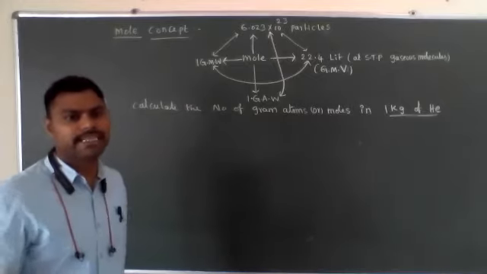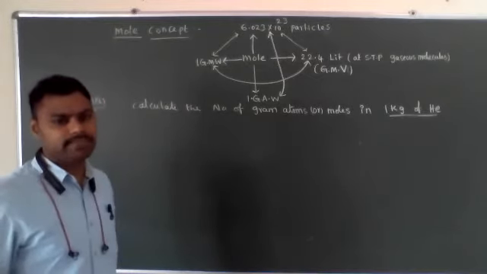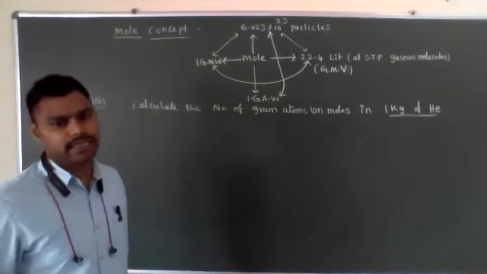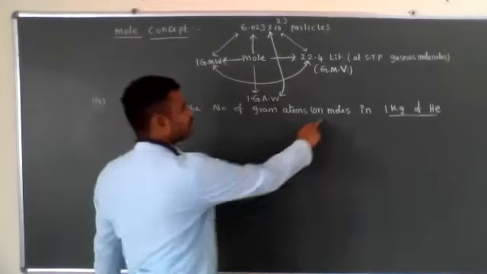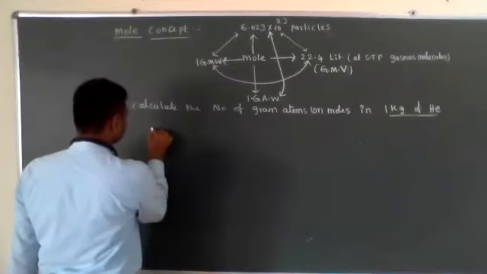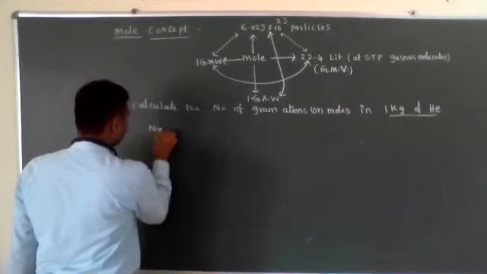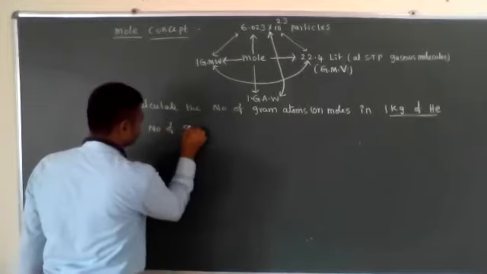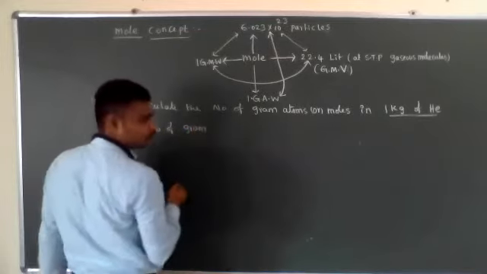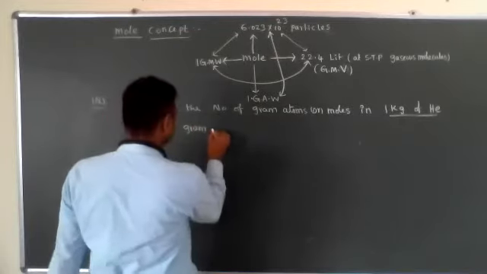What is the formula? Weight given, in grams, by gram atomic weight. That is the formula for number of moles, or number of gram atoms.